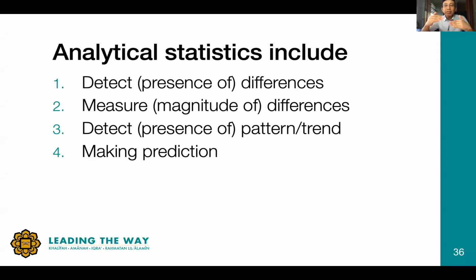Now, if you have enough information, one bar and then another bar slightly higher, the third bar even higher, you can see there is a pattern: the prevalence is higher and higher over the years. If you have the pattern, the last step you can do is prediction. Example like COVID-19, the cases keep going up, so next week the number can go up depending on the variables that you use.